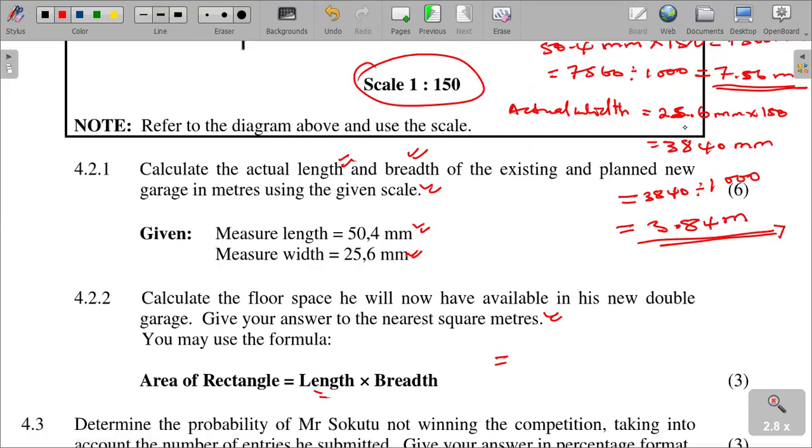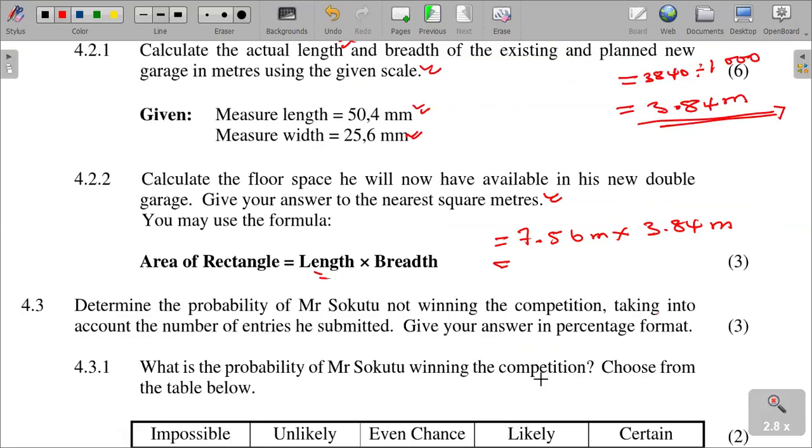We got our length as 7.56 meters times our breadth 3.84 meters, and if we multiply that, it is going to give us 29.03 square meters.